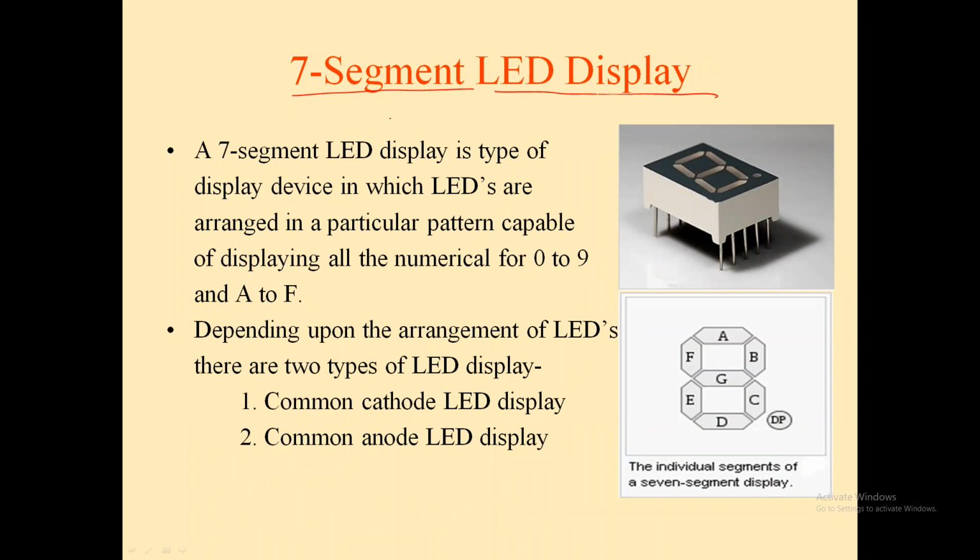It means that a total of 7 LEDs are grouped together. They are connected and arranged together so that one display device is formed, and this display device is capable of displaying the digits from 0 to 9 and the letters from A to F, so this device is most popular in the electronics field.